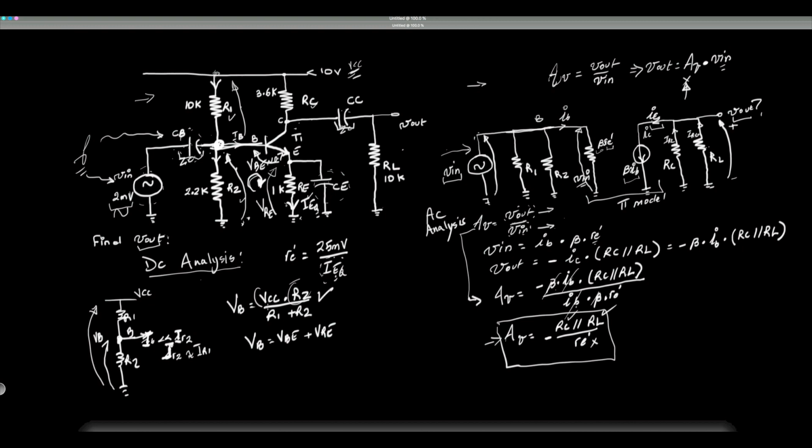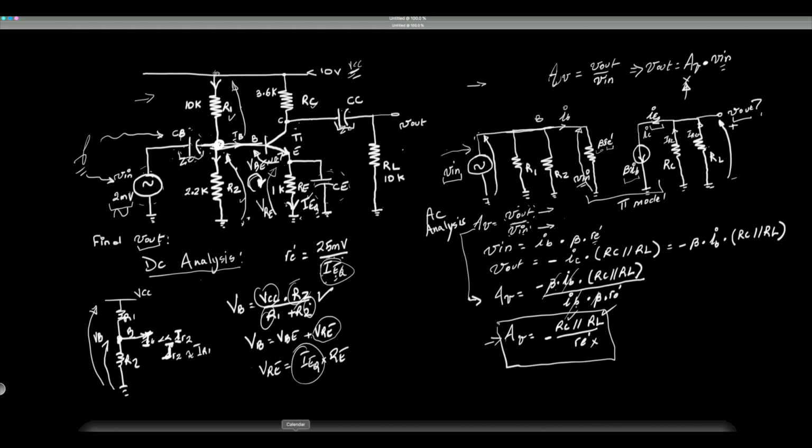This is known, this is known, this is known, and this is known. So all of these values we can find. And so what can we do? Well, we need to convert this now into something where we can find IE. Because VRE is also equal to IEQ times RE.